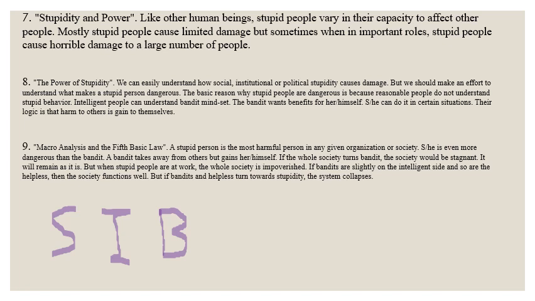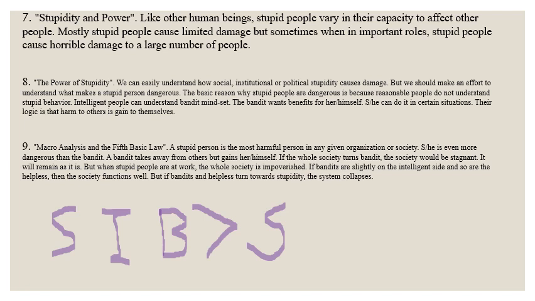So he doesn't harm the society. He's robbing the person of $100, but he's also getting $100 for himself or herself. So that's why he always wants a bandit to be in the society rather than stupid people. So a bandit is always greater than a stupid person, right?